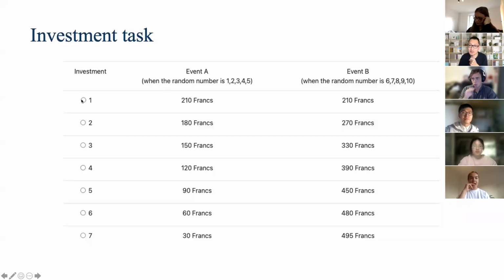Suppose you choose investment A, that's a safe investment because you can receive 210 francs for sure. As you go down through the list, you will be able to earn a higher outcome if the event is good, or say if the investment is successful, right? But on the other hand, if you have an unsuccessful investment, meaning the event A happens, then you will receive a lower outcome.